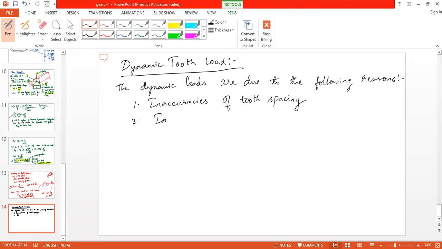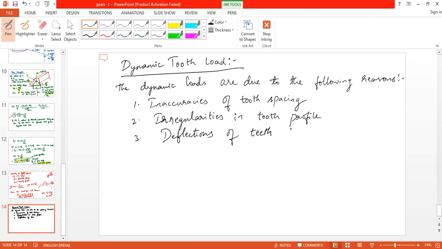Number two, irregularities in tooth profile, and deflection of teeth under loading. So due to these reasons, the dynamic loads will be created.